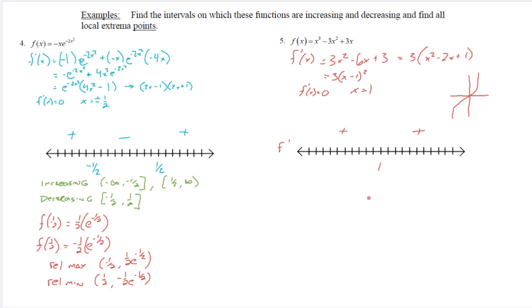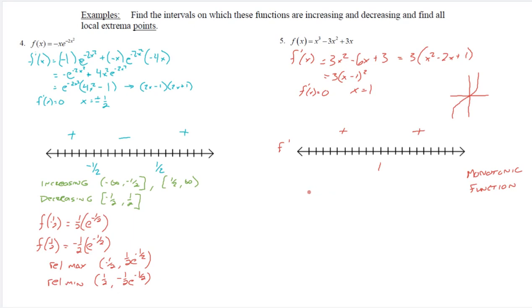So this is one of those situations in which we have what's called a monotonic situation. I'm going to write this in here: it's a monotonic function. And that means that it's always going up or it's always going down. It's increasing or decreasing 100% of the time.